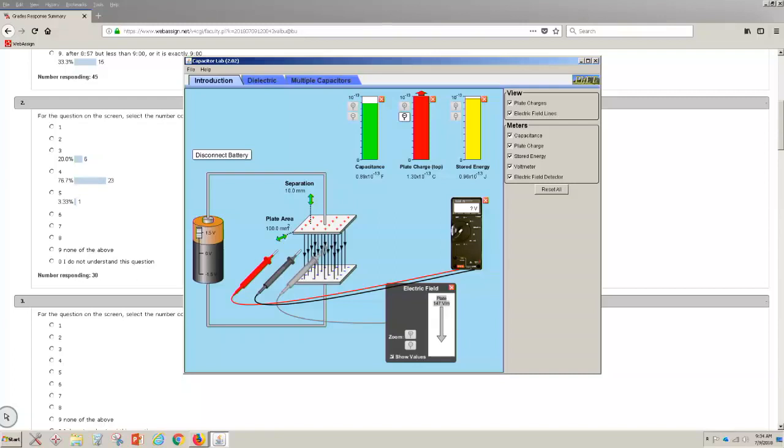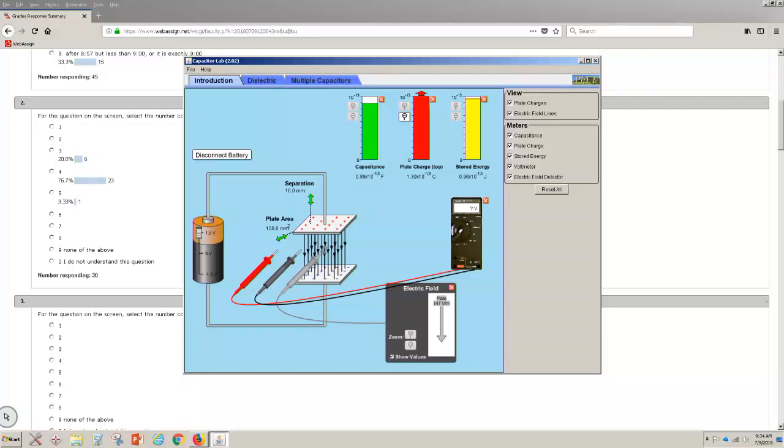And when everything stops, equilibrium is reached, the number of electrons this plate gains is equal to the number of electrons this plate loses. The law of conservation of charge, which means this plate will have the charge same magnitude but opposite to this.